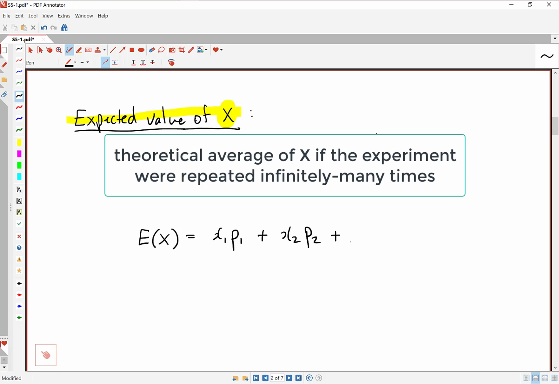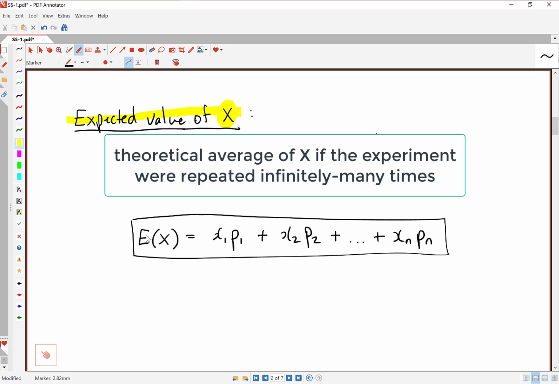I'm just going to write plus ... and then you take your last X value and multiply by its probability. So that's our notation for expected value, and that's our formula for calculating it. So your expected value is like a weighted average of the different X values where the probabilities are giving weights to the different X values.